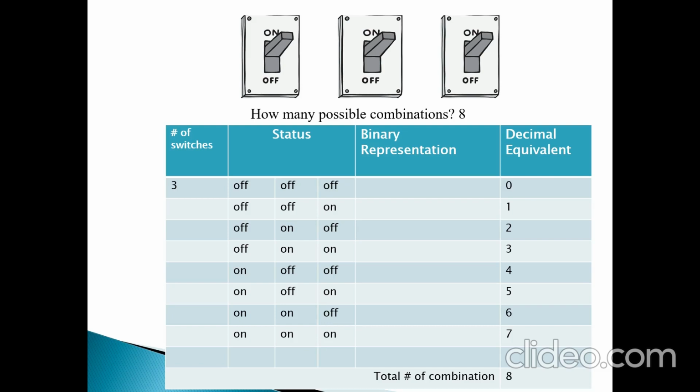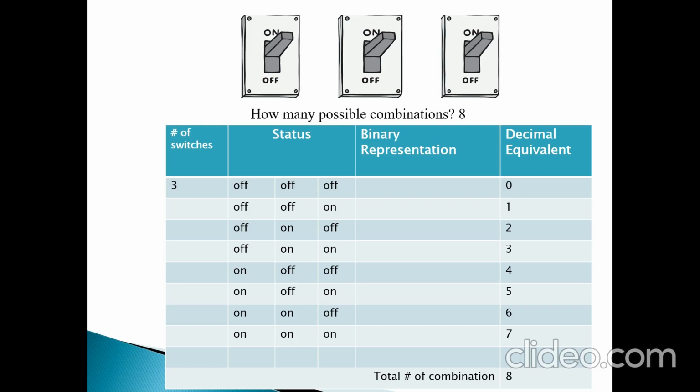Why is it 8? Number of switches is 3. If you turn off all three switches, it will give you a binary representation of 0 0 0. In this example, I actually put a decimal equivalent for you to understand later on that in every binary representation there is an equivalent decimal.